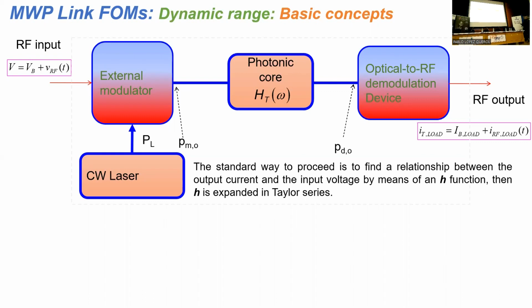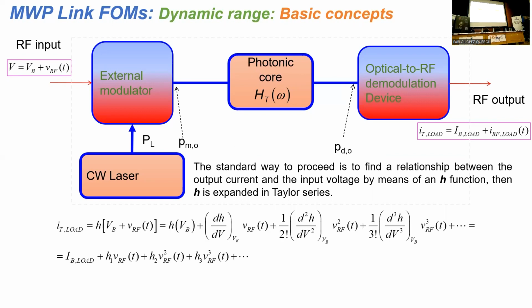Usually, the way you will find this in the textbooks is to lump the action of all this link into a function, whatever, and this function is expanded into a Taylor series. I don't know if you still remember the Taylor series expansion, but it's something like that.